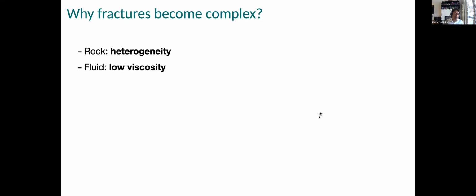The first one is that the rock has to be heterogeneous in terms of Biot coefficient, such as granite, stiff rocks with some defects or grain boundaries. And also, the injection fluid should have very low viscosity. From this analysis, we think that those two are the required ingredients.